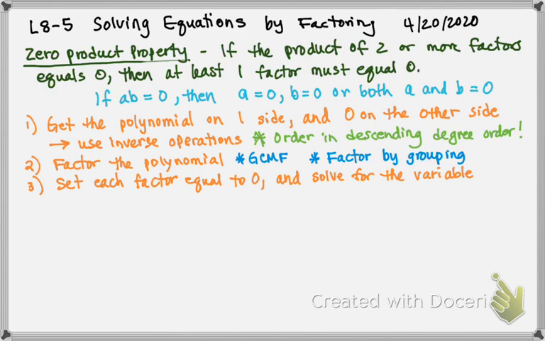So what this means is that we could have more than one correct answer. And then we're going to write the solutions, because there's going to be more than one answer, most likely, in what's called solution set notation.